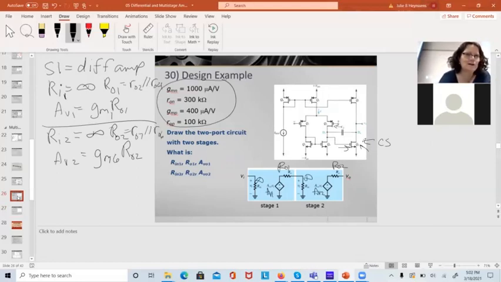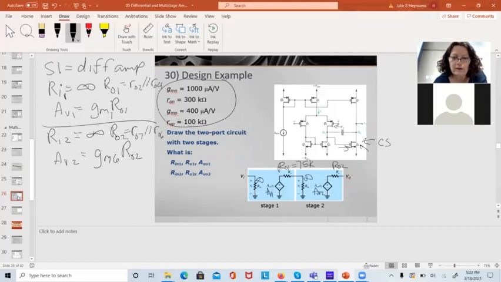So let's go through here and put some numbers on here. I don't have enough time to do that. I have enough time to do this though. So the numbers I've got here are my RO1 is 75K. My AV1 is 30.